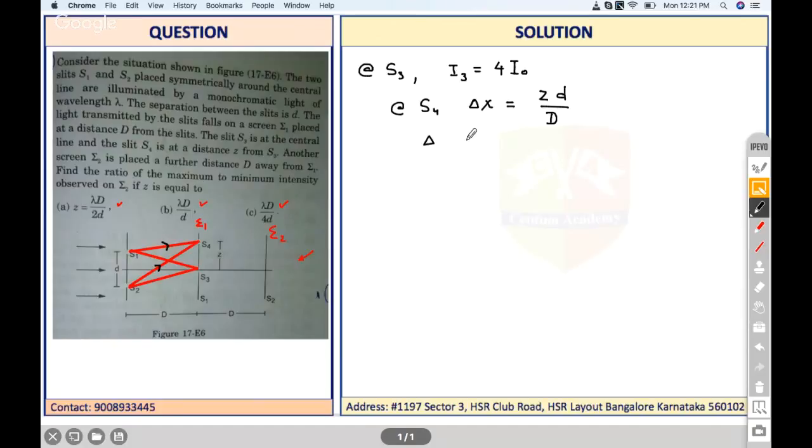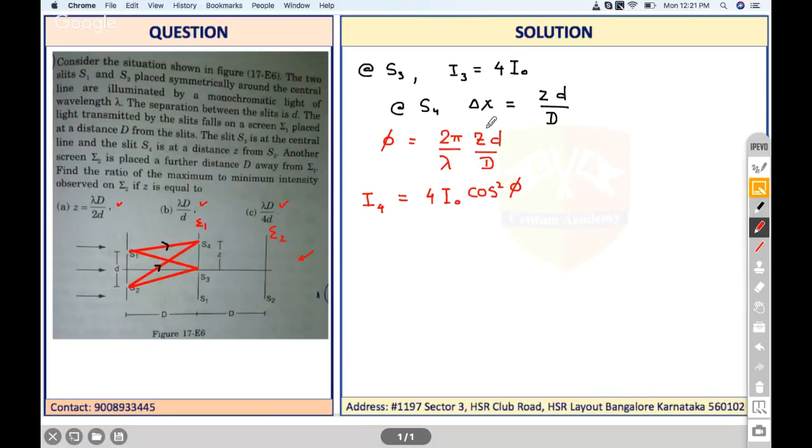So the phase difference will be what? Phase difference phi will be equal to 2 pi by lambda times delta x, so that will be equal to 2 pi Z d by lambda D. Now using the formula, I can get the intensity at slit 4, equal to 4 times I0 cos square phi by 2.